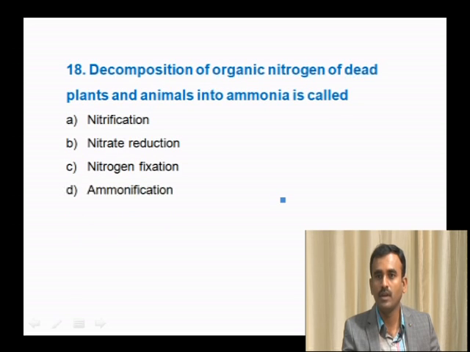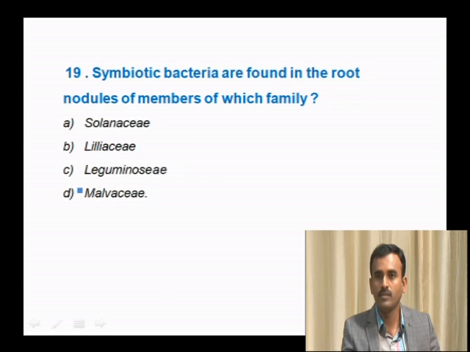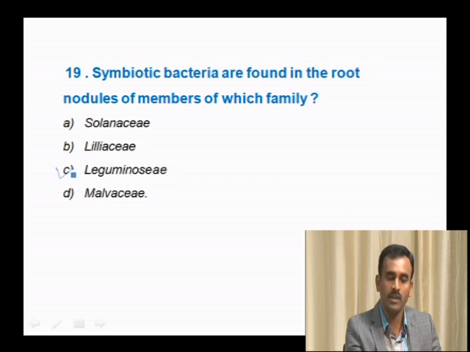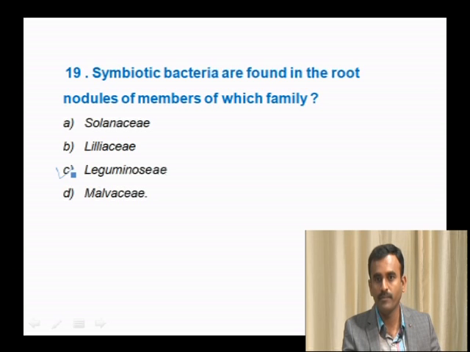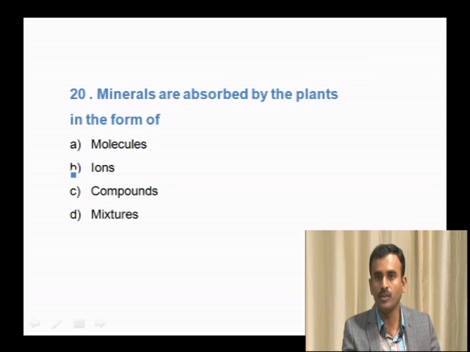Decomposition of organic nitrogen of dead plants and animals into ammonia is called ammonification. Next question. Symbiotic bacteria found in root nodules of which plant family? The answer to this question: root nodules are present in the Leguminosae family. Next question.